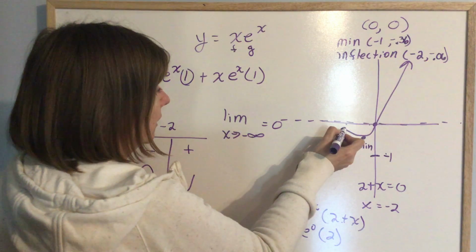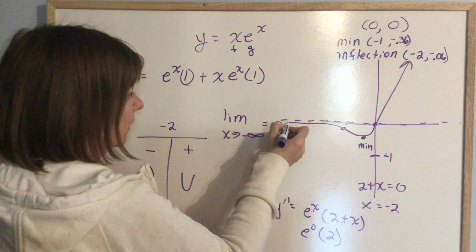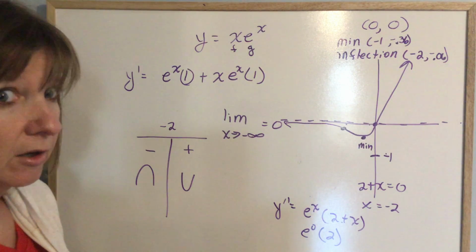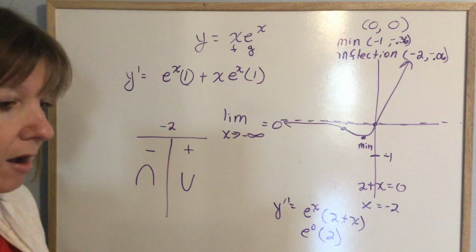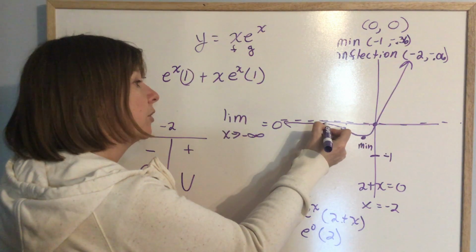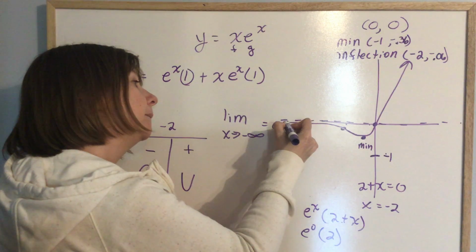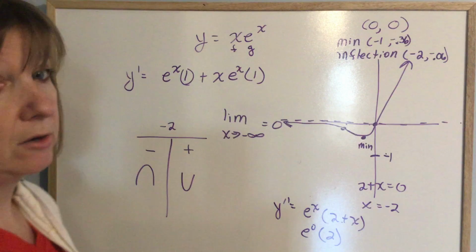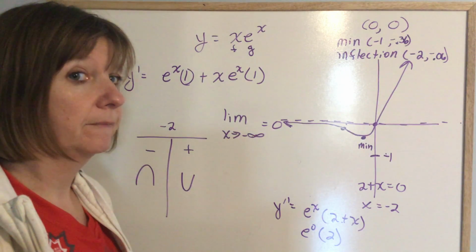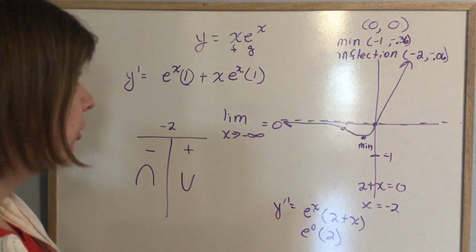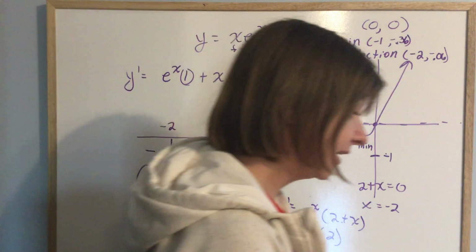Concave up, and here is my concave down. It's not very concave down, but it is going to curve slightly that way, but it's never going to cross there. So that is what my graph would look like. So not the most fun question in the world, but there it is.